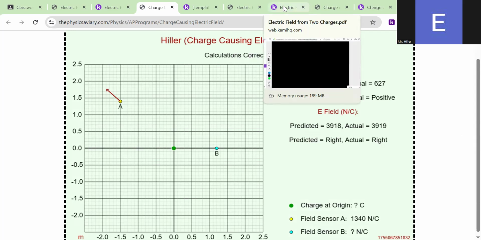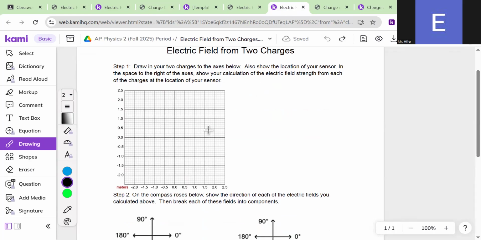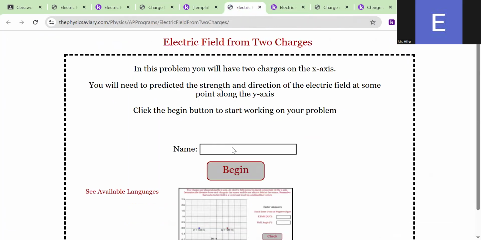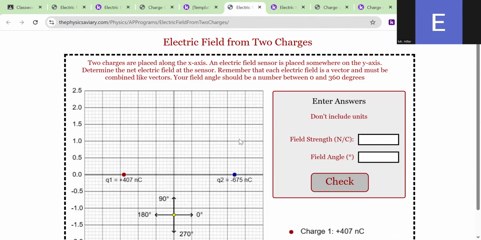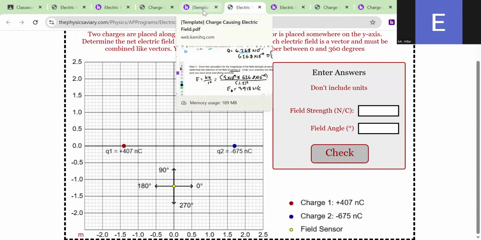Question number three. Electric field from two charges. Now in this one, you're going to be given two charges. Let's draw them on the axes. All right, so I've got a positive charge at negative 1.4, so it's 407.